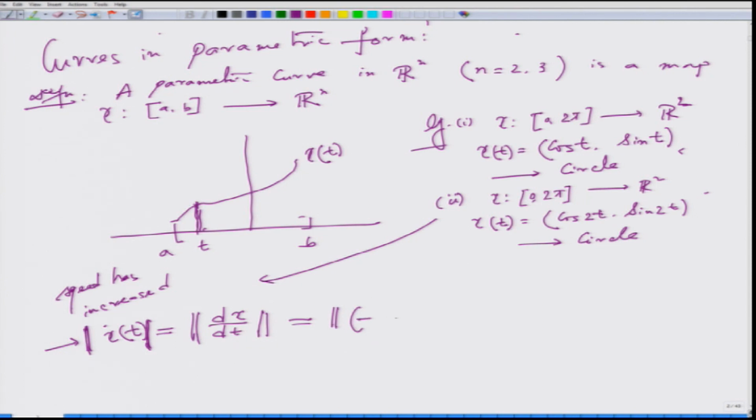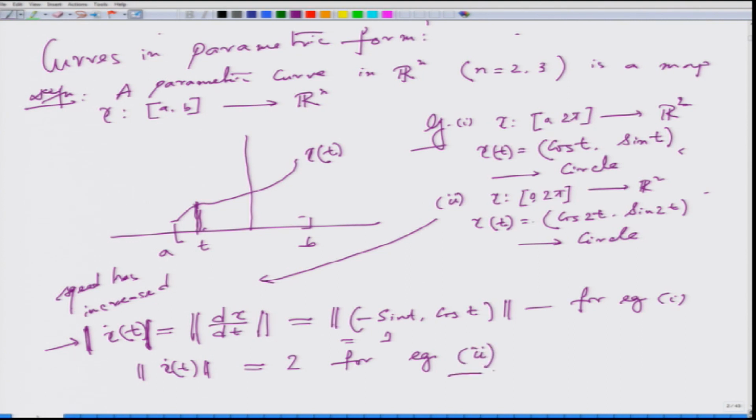If I do it for example 1, gamma dot t is (-sin t, cos t), whose norm is equal to 1, and gamma dot t for example 2, if you calculate, will be 2, because the factor 2 will come up.